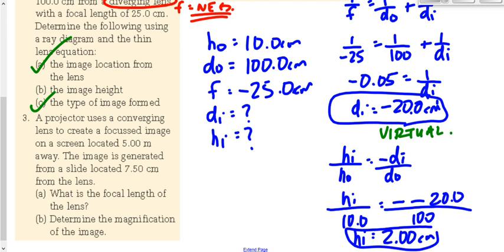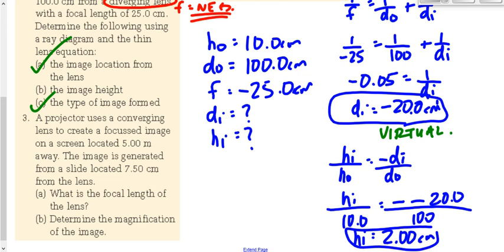Didn't we say it was also upright? We weren't asked for that, but we also said it was upright because virtual images are always upright. Positive HI is confirmation of that, right? You don't have to remember those patterns, but if you do, man, it sure is nice sometimes to have confirmation that you've done something right. I determined that it was going to be an upright image earlier on when I said it's going to be upright because it's virtual, and virtual is always upright.